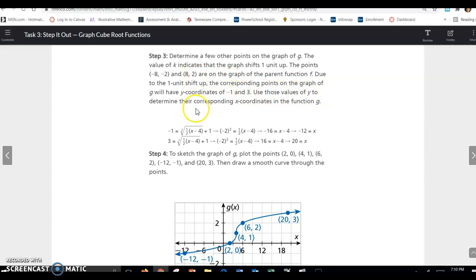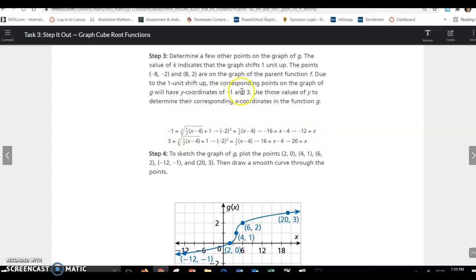Use those values of y to determine their corresponding x-coordinates in the function g. All right, so we're given the y-coordinates, and we have to plug them in for g(x). So you're going to plug those in here and solve for x. When you plug in -1 and you crunch out the numbers, you get x equals -12.